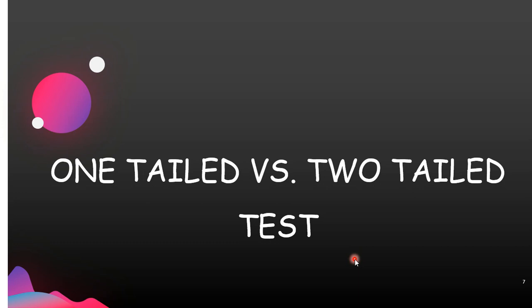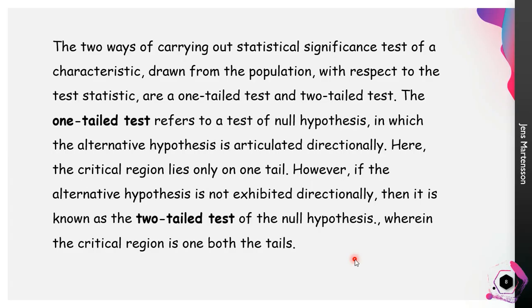Very important din dito sa hypothesis testing na ma-identify natin if it is one-tailed or two-tailed, kasi magagamit natin ito pag hahanapin na natin yung area doon sa table na ibibigay ko po sa inyo later on. So let me start.